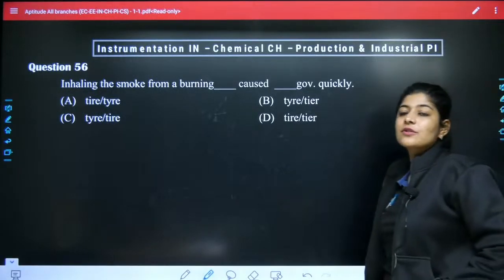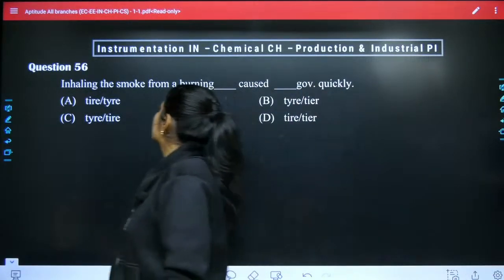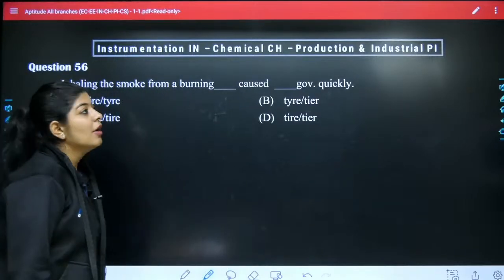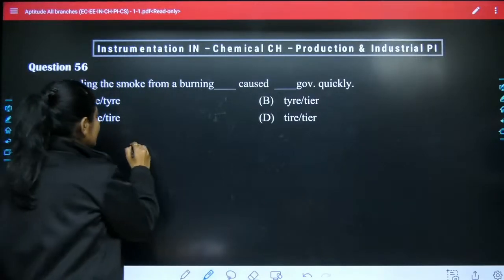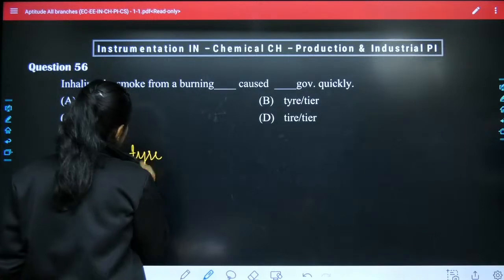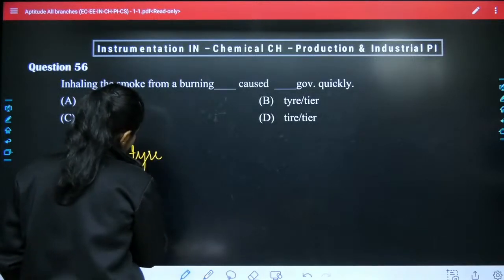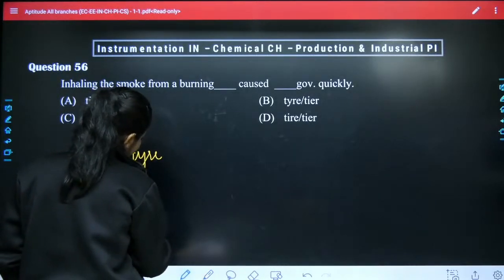The very first question is: inhaling the smoke from a burning. Now we have three words, that is tire and tyre.